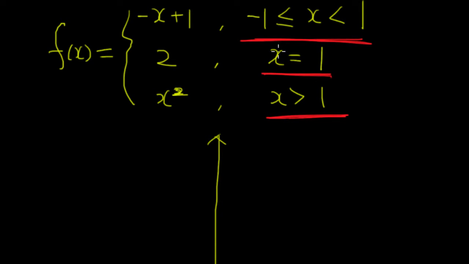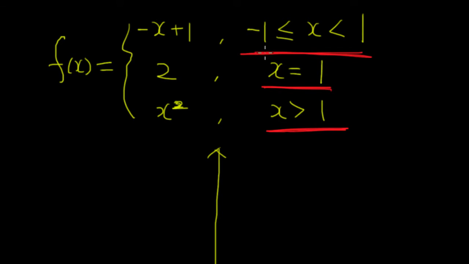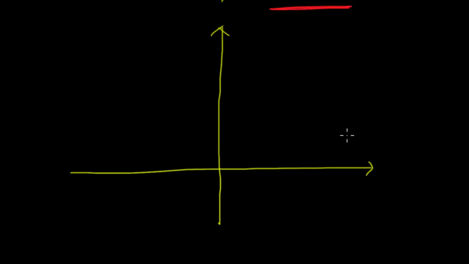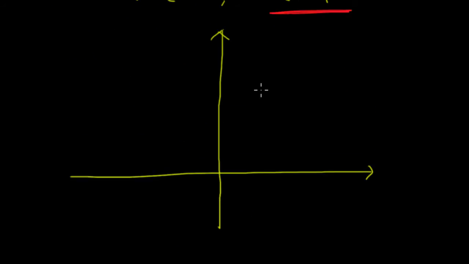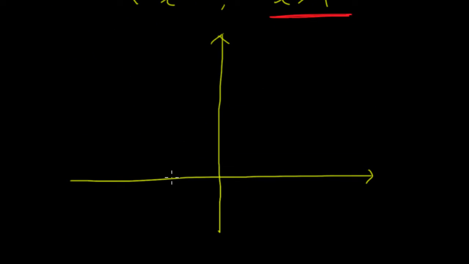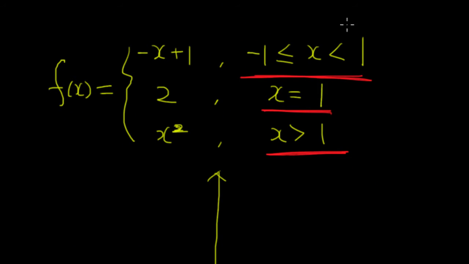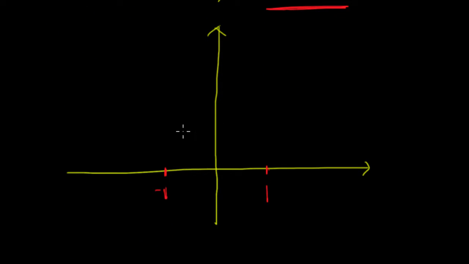So where is x being between negative 1 and 1? If this is negative 1, and this is 1, that area should be between negative 1 and 1, this area right here.